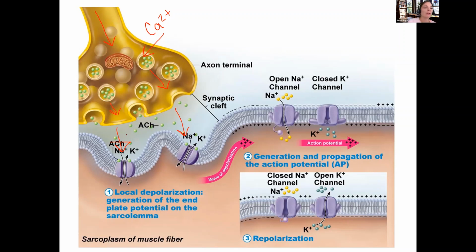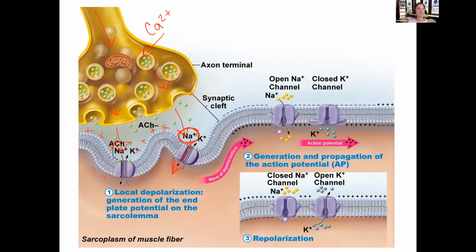Now remember, resting membrane potential is negative on the inside, positive on the outside. So this is what it's looking like until that acetylcholine is present. Once acetylcholine binds, it's going to open up our sodium channels, right? We can see sodium here, and sodium's going to come in.